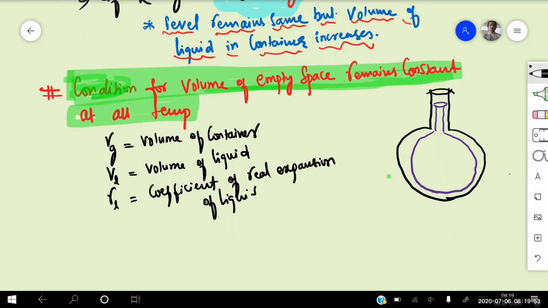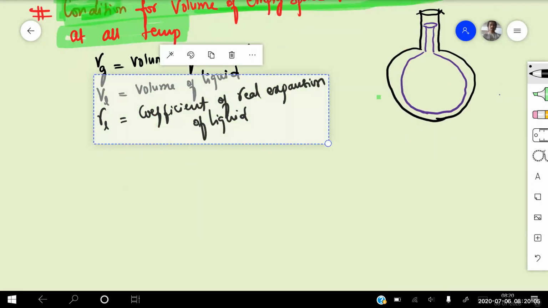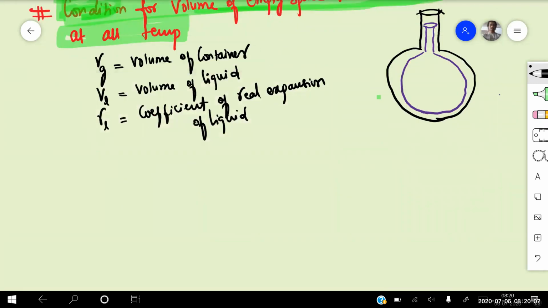So let us first understand the terminology. What do you mean by Vg? It is nothing but the volume of the container. VL is the volume of your liquid, and gamma L is nothing but the coefficient of real expansion of your liquid.